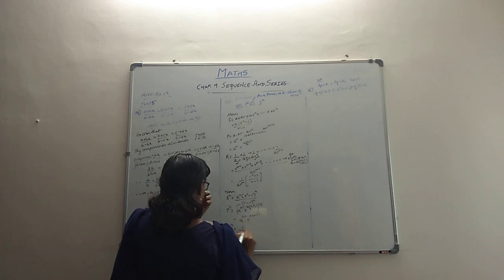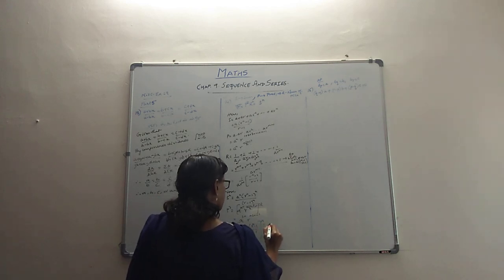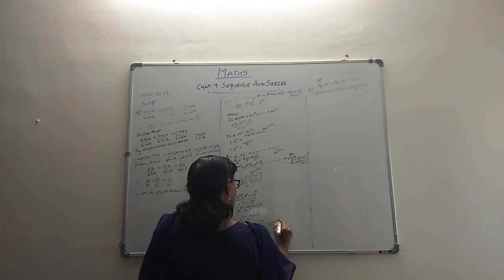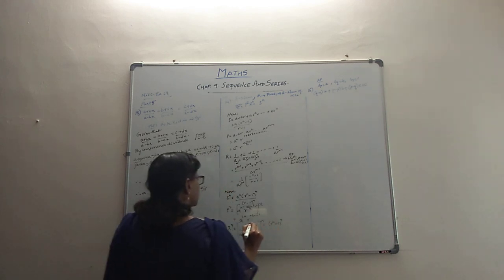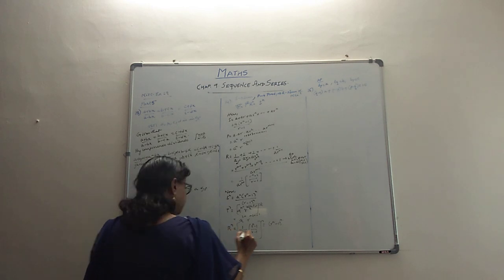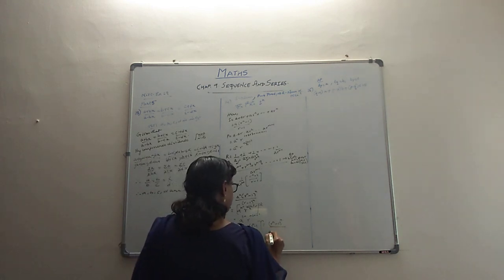So everything is raised to n, that means a raised to n, r raised to n into n minus 1, everything is getting raised to 1.